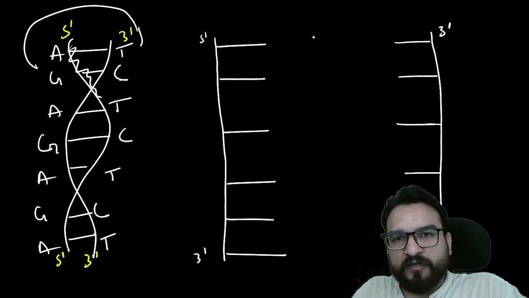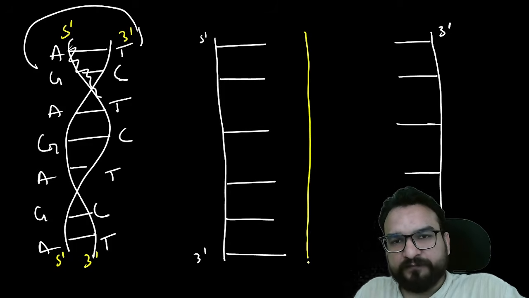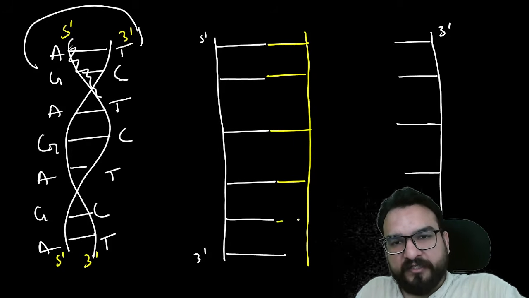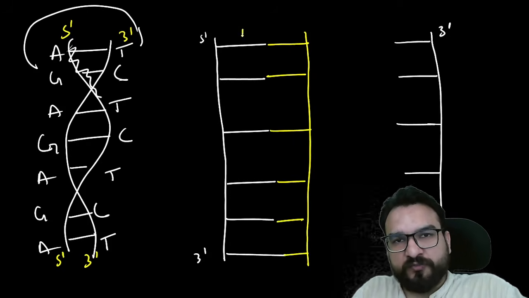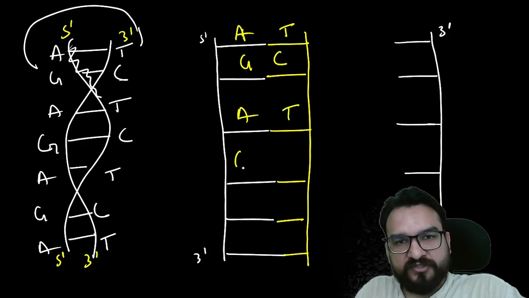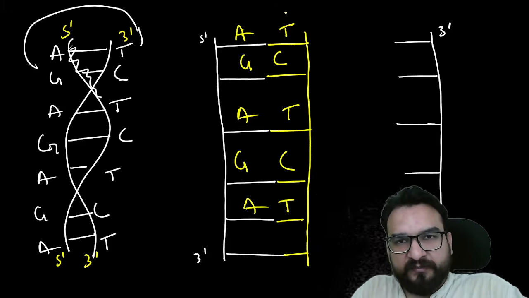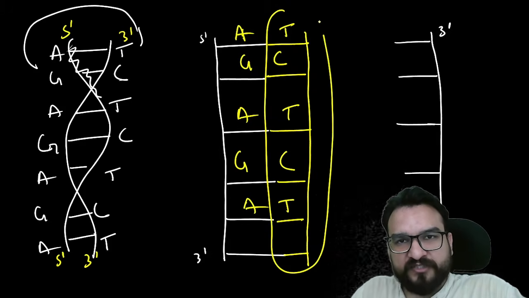Now this part over here will be replicating like this. This part will contain the new strand like this. Suppose this was A, then A, T, G, C, A, T, G, C, A, T. That means this is your new strand which has been created.